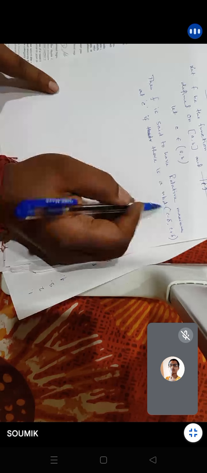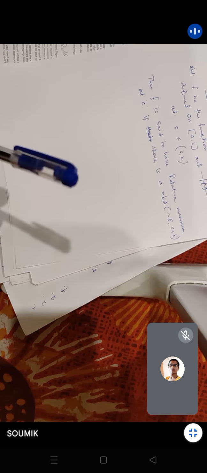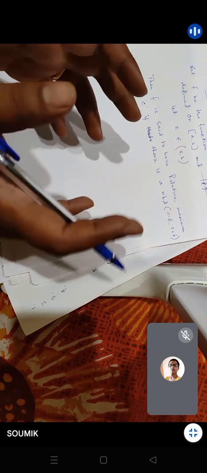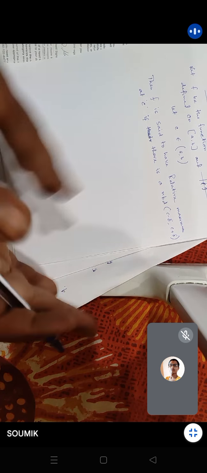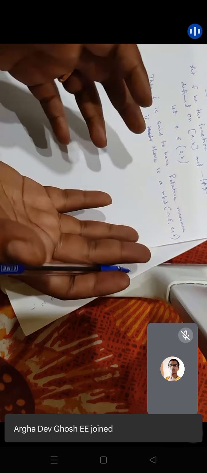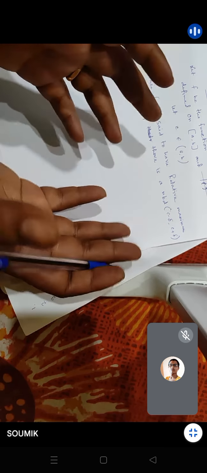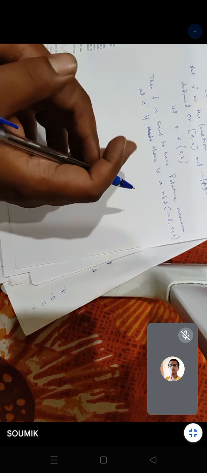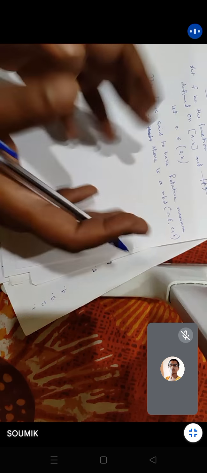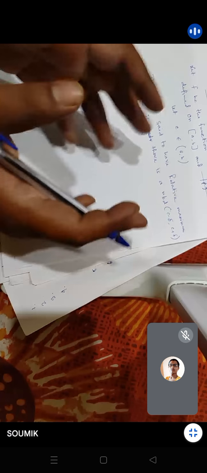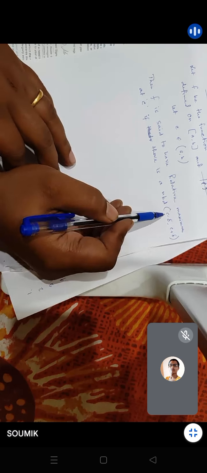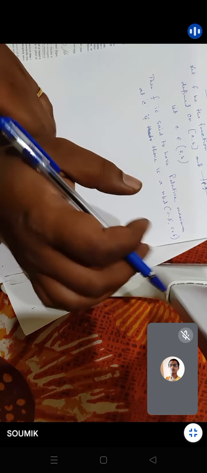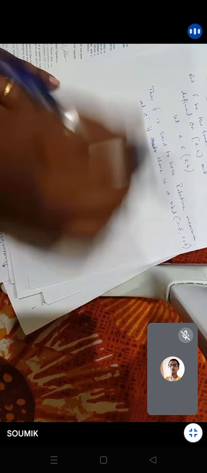So a neighborhood is a set, the collection of the points from C minus delta to C plus delta in the real line. Recall the definition of neighborhood: it is a collection of points, or the set of points from C minus delta to C plus delta on the real line.